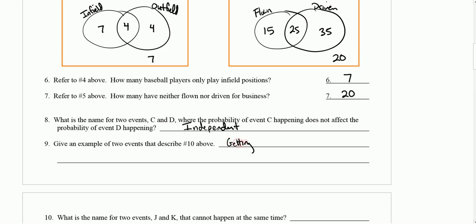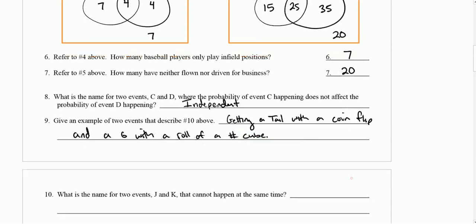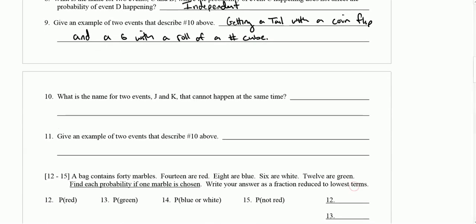Getting a tail with a coin flip, and a 6 with a roll of a number cube. Those 2 events have nothing to do with each other at all.